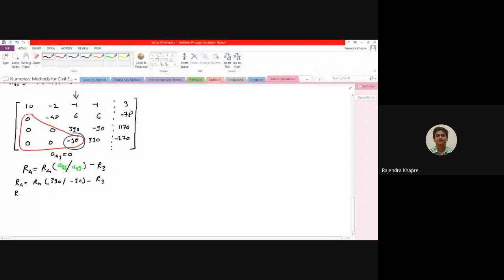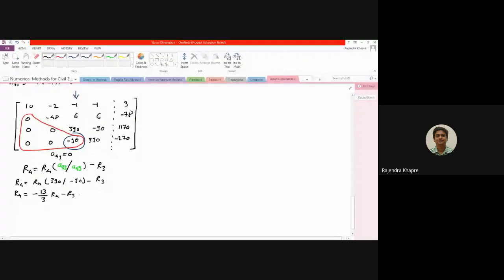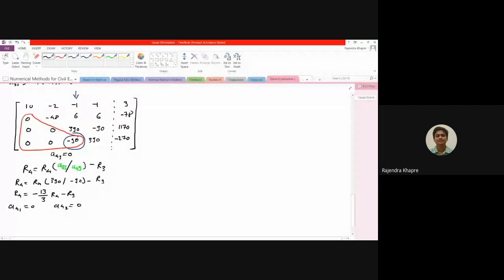So can someone give me what is the value? Minus 13 by 3. Is it okay? R4 minus R3. Now there is no point in writing something like A41, this will be 0, and A42 will also be 0.